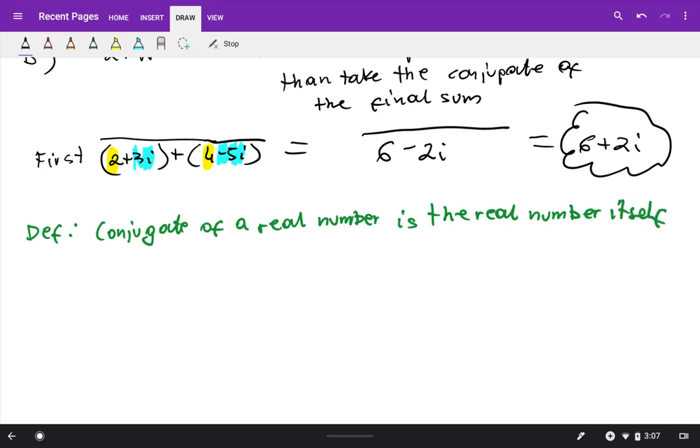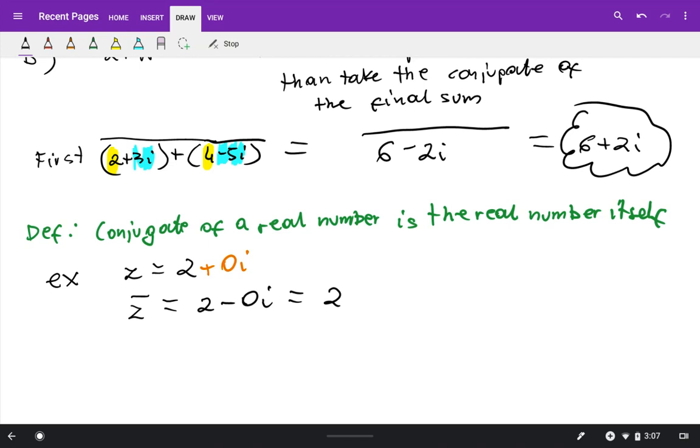Let me give you an example. Let's say z is equal to 2. So you don't have that imaginary part, but you can always add it, that's 0i, which is just 0. So the conjugate of z will be 2 minus 0i, which is just 2.